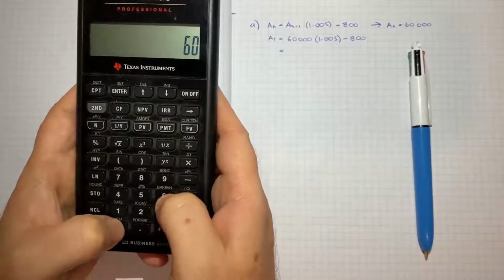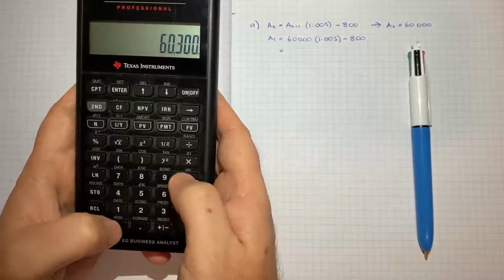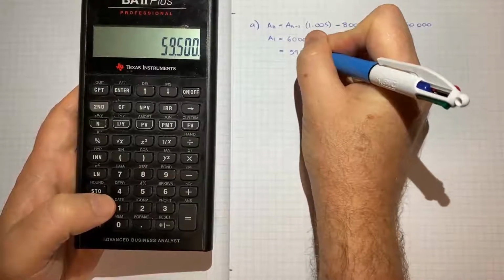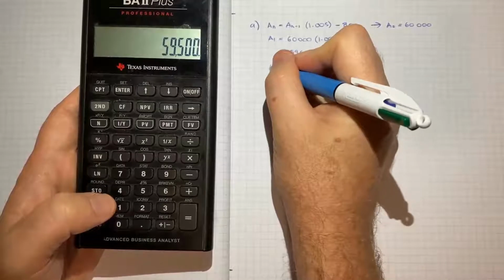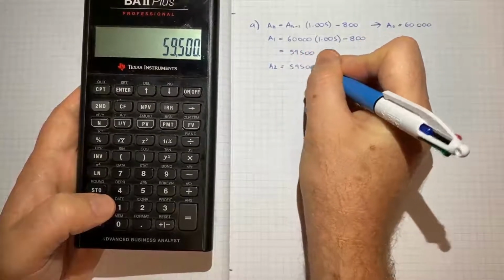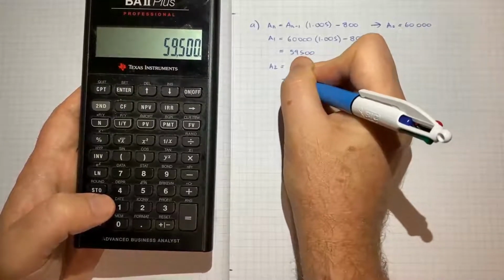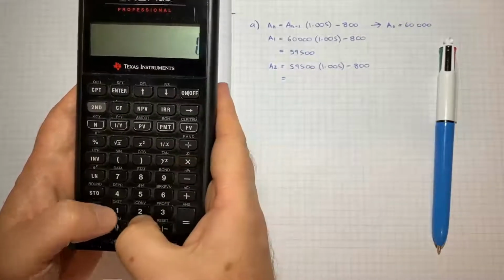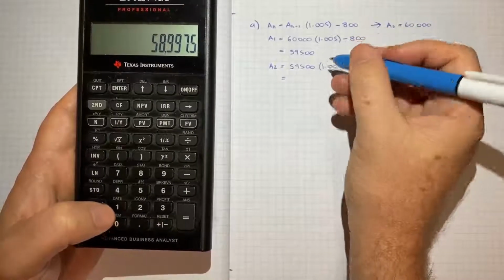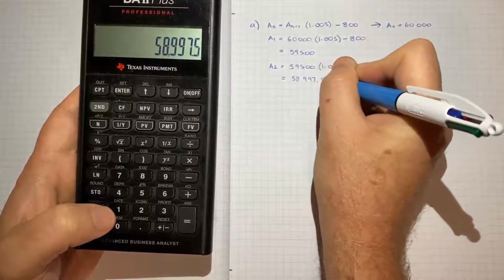So we get 60,000 times 1.005 minus 800, and that's going to give us 59,500. Then we can get A_2, which would be A_1, our 59,500, times 1.005 minus 800, and we'd get 58,997.5.